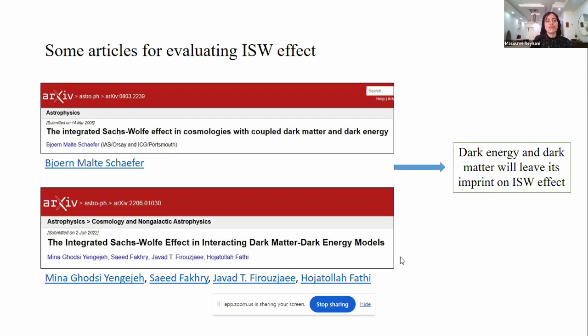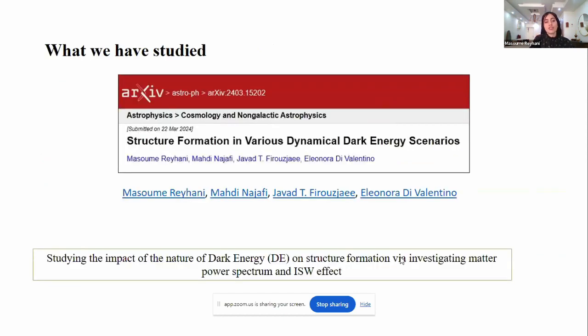So the ISW effect would be a proper tool to study dark energy. It motivated us to study structure formation using the matter power spectrum and the ISW effect in these dynamical dark energy scenarios. Okay, from here on, I will talk about what we have studied in our paper.